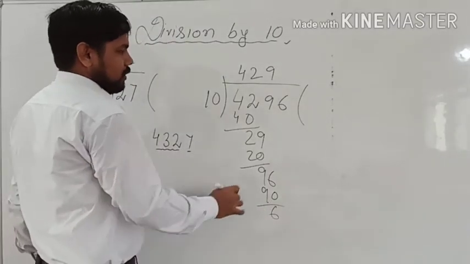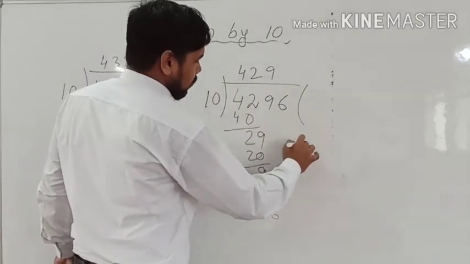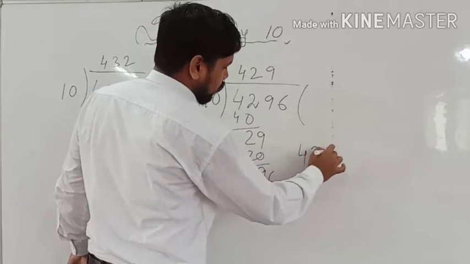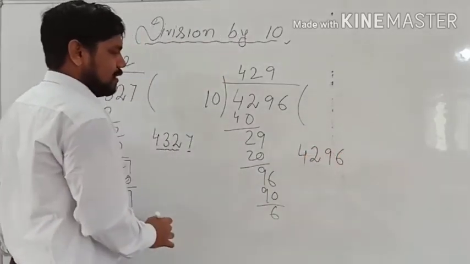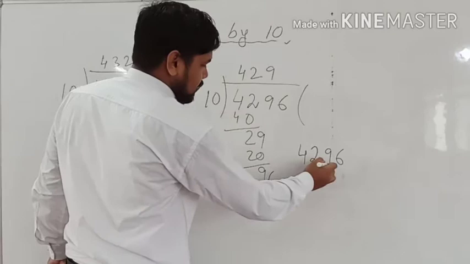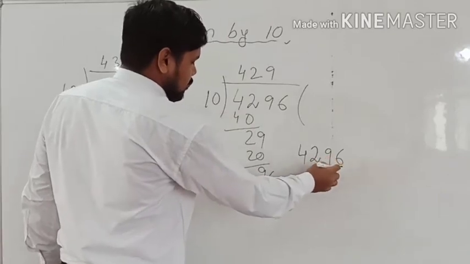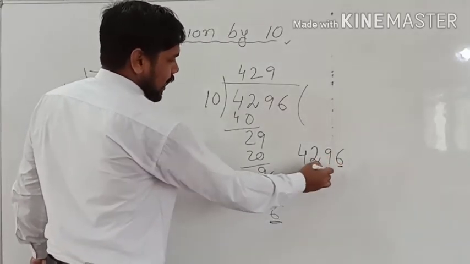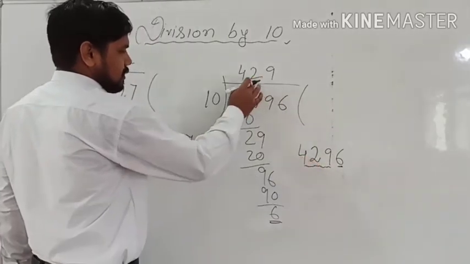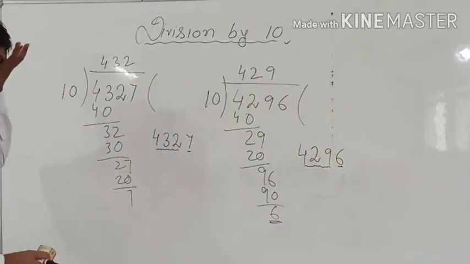So here also you can see, whatever number we are dividing, 4296, the ones place is the remainder and the rest 3 digits are the quotient.